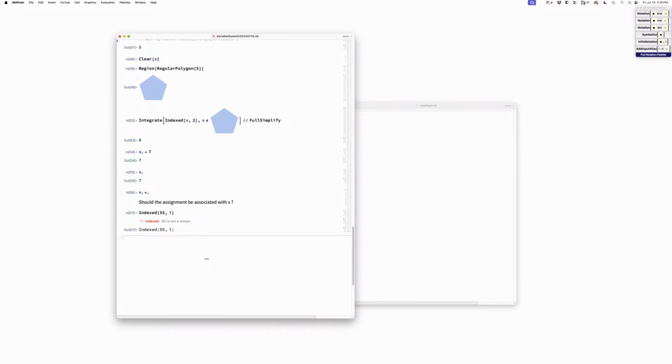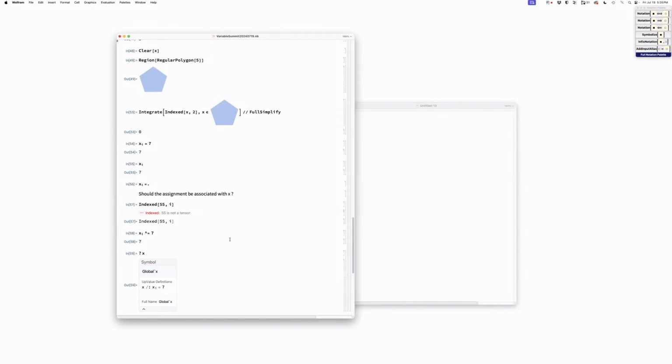Okay. So let's just do the experiment. I'm sure this will work, but do x to the caret equals 7. God, I use that syntax so rarely.